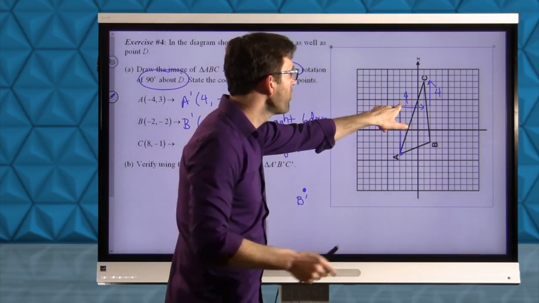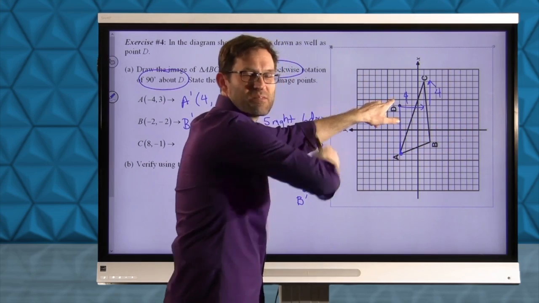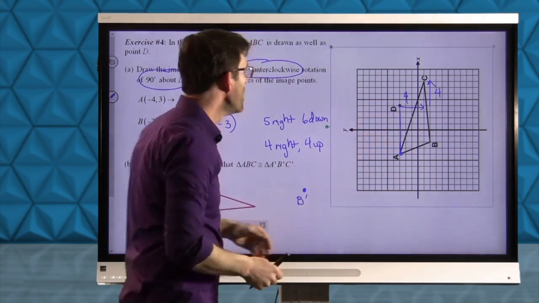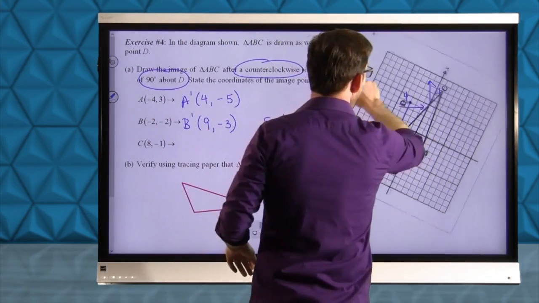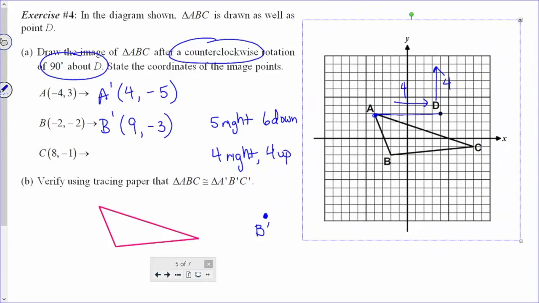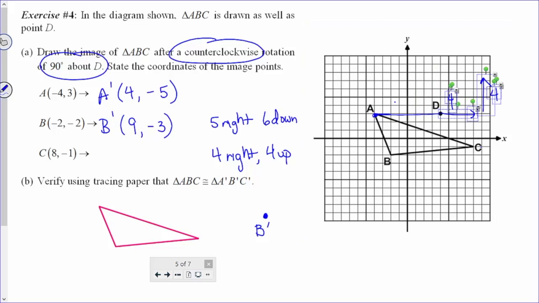It's like I'm holding my paper down at point D and I'm spinning it around it, right? So now, as I spin it back, right, then I could say to myself, all right, well, that's kind of fun. I can go 4 to the right and 4 up, and I will be right here.